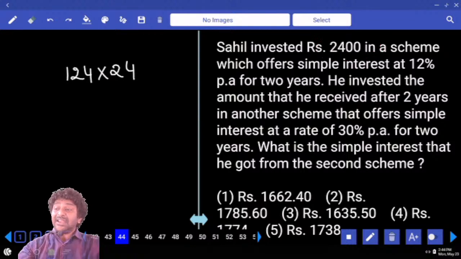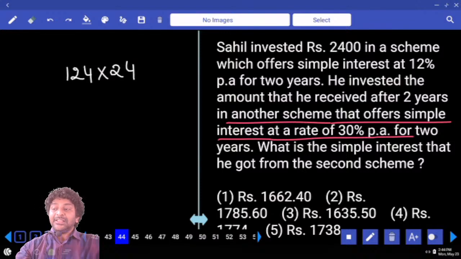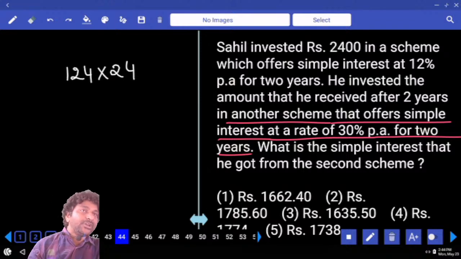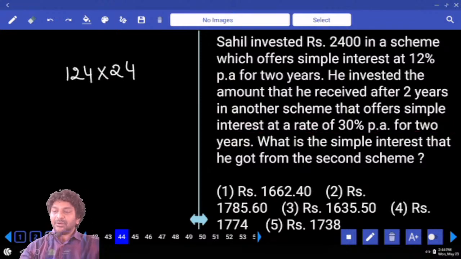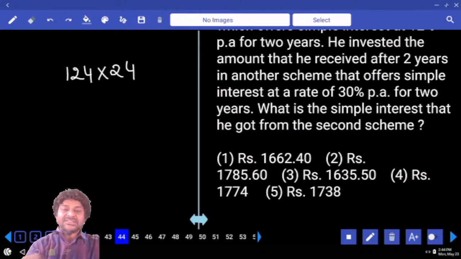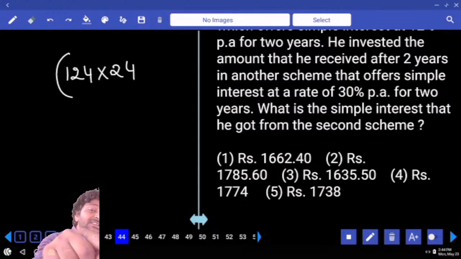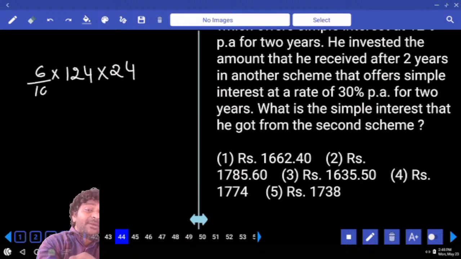He invested that in another scheme that offers simple interest at a rate of 30% per annum for 2 years. Per annum it is 30%, for 2 years 60%. What is the simple interest that he got from the second scheme? In the second scheme, investment is 124 into 24. And how much interest are we getting? 60%. Can I write it as 60 by 100? Can I write it as 60 by 10?